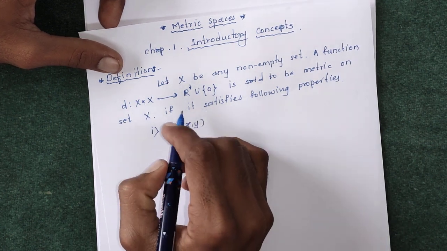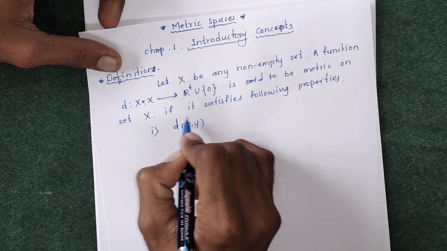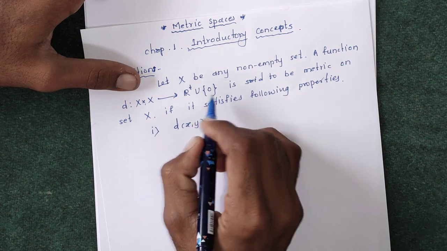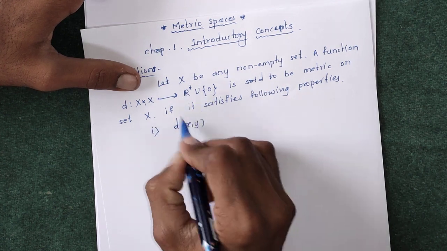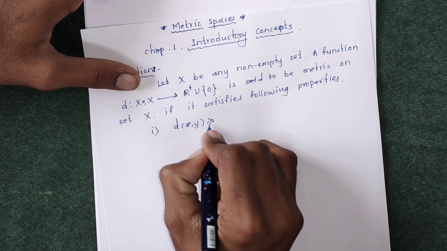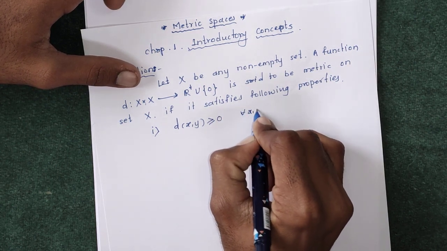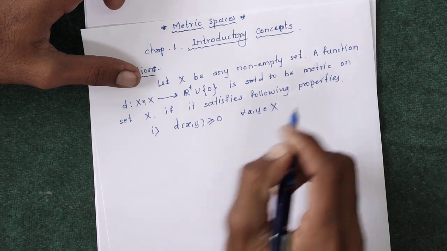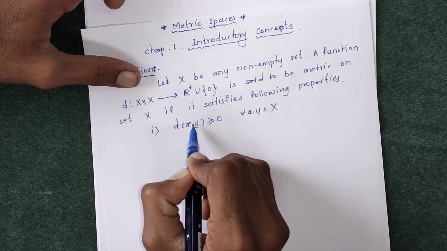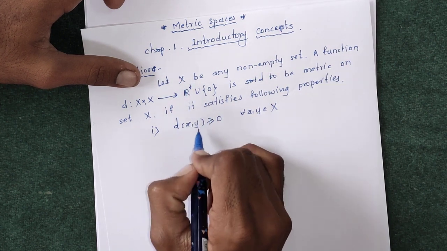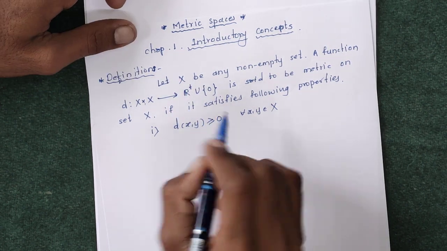Now the first property is non-negativity. If we apply d on any element of this set, then d of x, y, that is the image of that element, must be greater than or equal to 0 for all x, y belonging to X. Since x belongs to X and y belongs to X, the distance of x, y must be greater than or equal to 0.